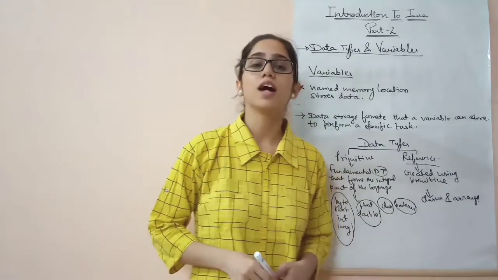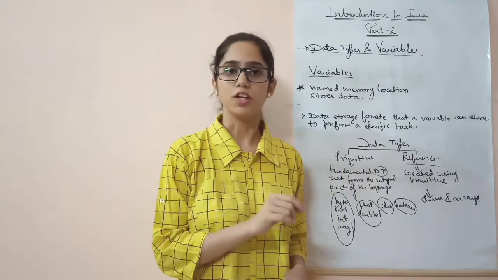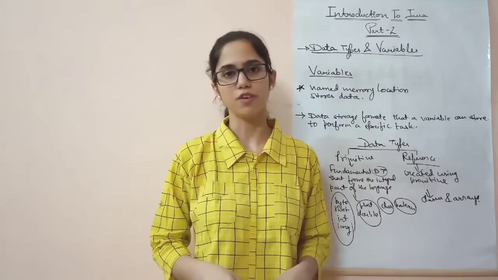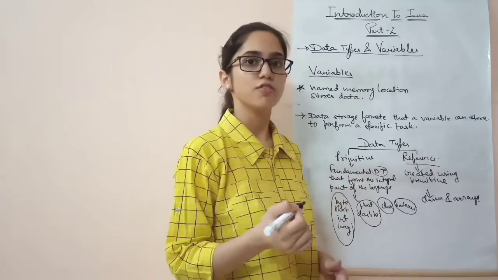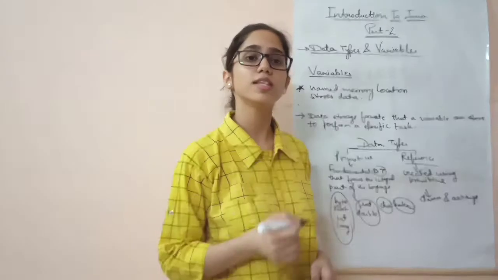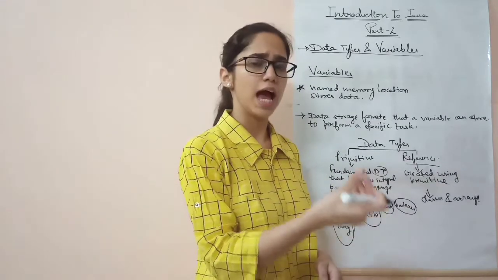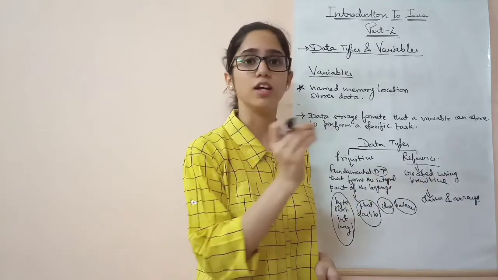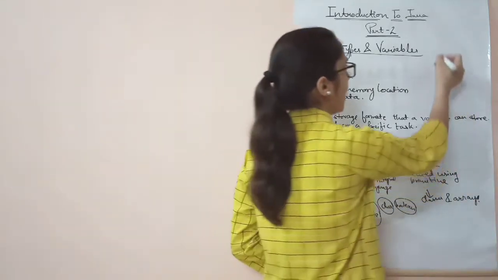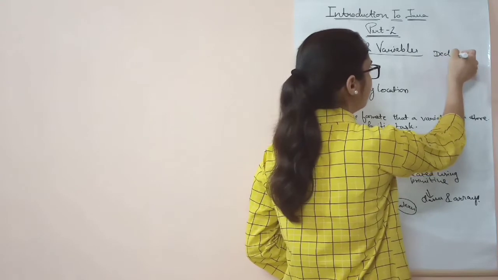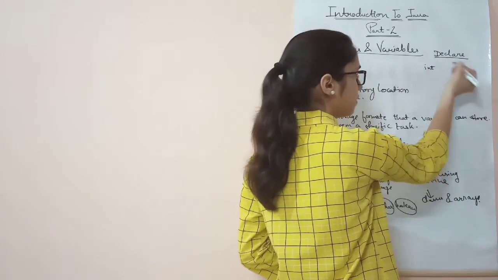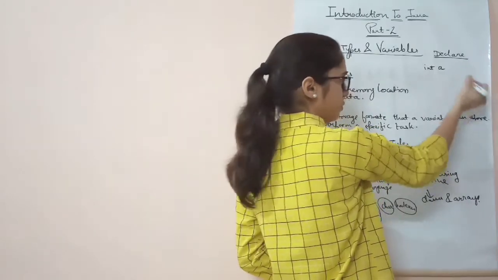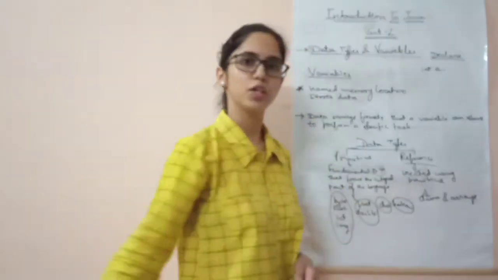Now after this, the last thing we need to discuss is declaration and initialization of variables. See, declaration and initialization are different. Why? Because declaration simply means mentioning and initialization means assigning a value. So when I have to declare a variable, I can simply write the data type and the name of a variable and put a semicolon.